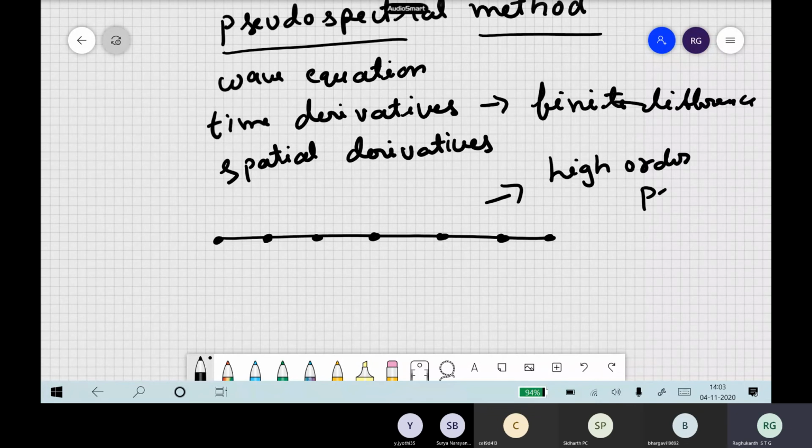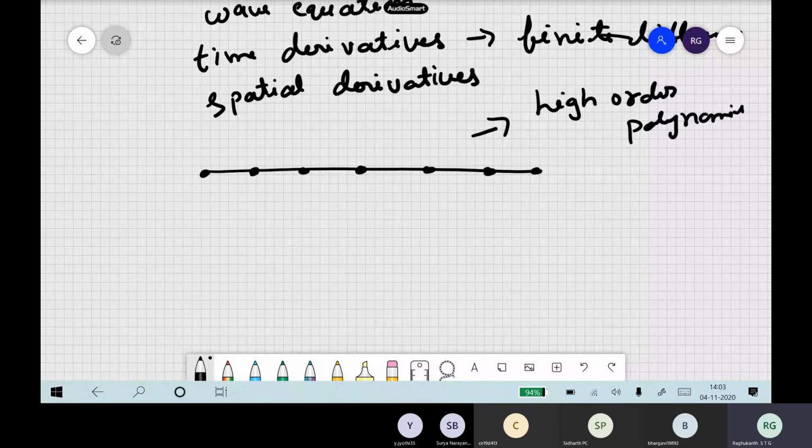That is the advantage: the accuracy of pseudo-spectral methods will be very high. If you increase the number of grid points, say there are 100 grid points, then you should have a 100 order polynomial itself. So the number of grid points is proportional to the higher order polynomials.